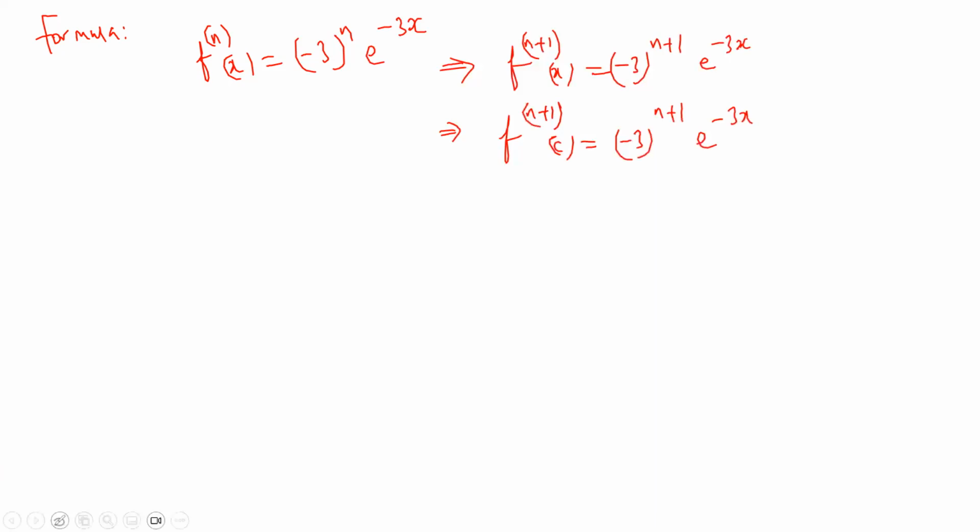On the e, it must be c. So you put c here, and then you put c here, where 0 is less than c, less than x, like this.